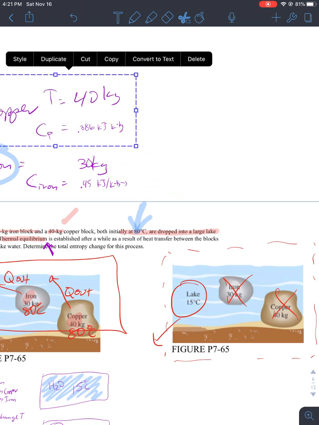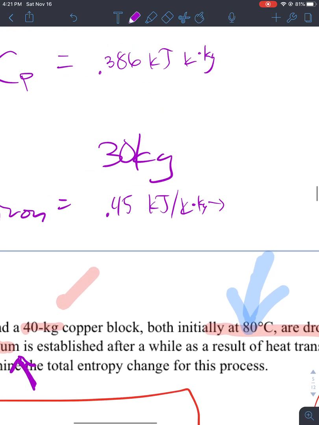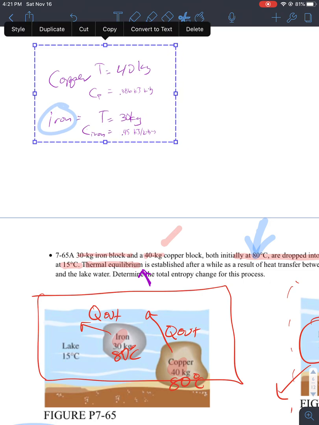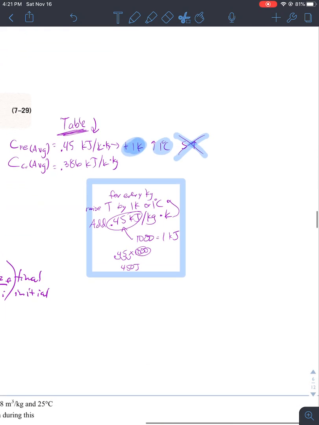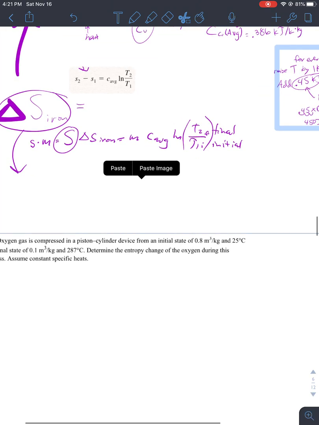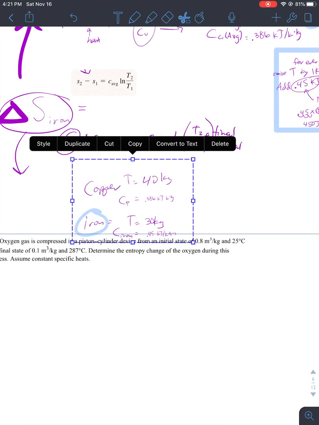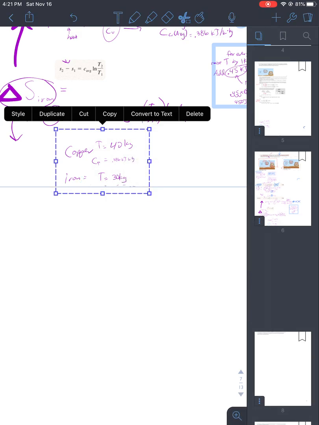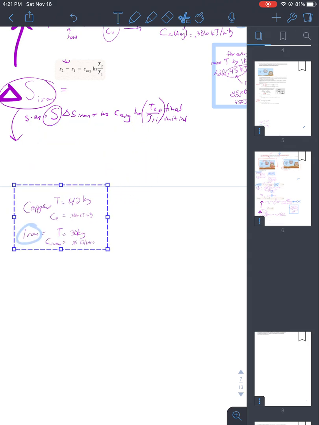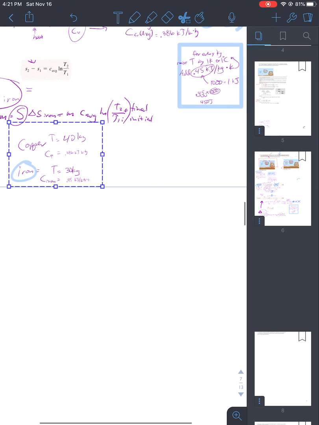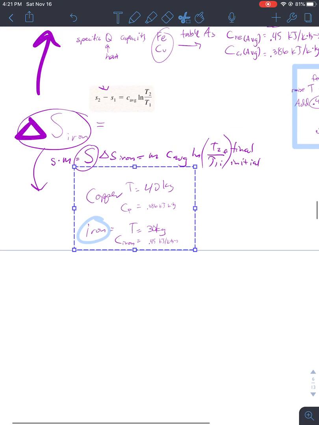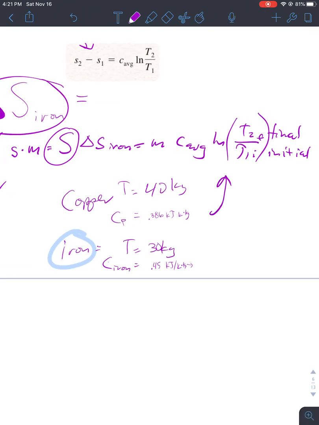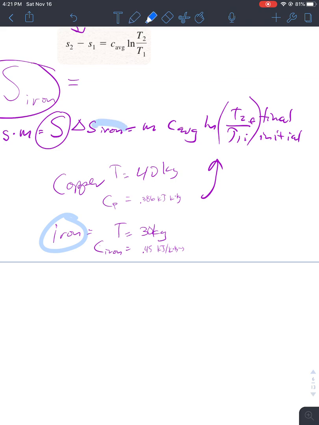So let's organize this a little bit more. T equals that. Make it smaller. This all goes here. Let's add another page. All right, sub all the values in. We're doing iron right now.